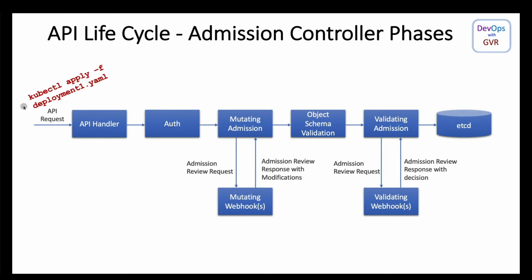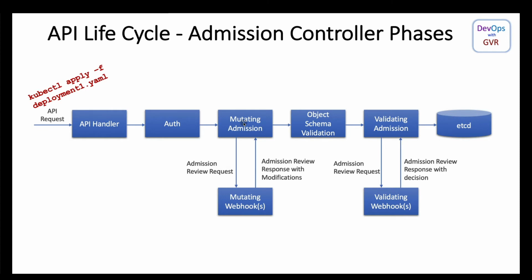Authentication checks whoever is running kubectl, whether they're authenticated or not, maybe with a certificate, and authorization checks whether the user using the kube context is authorized or not. Then the first stage is that the mutating admission controller will kick in.